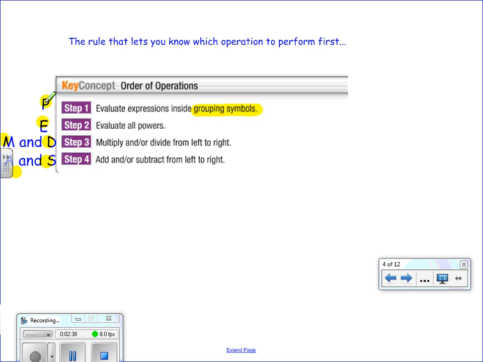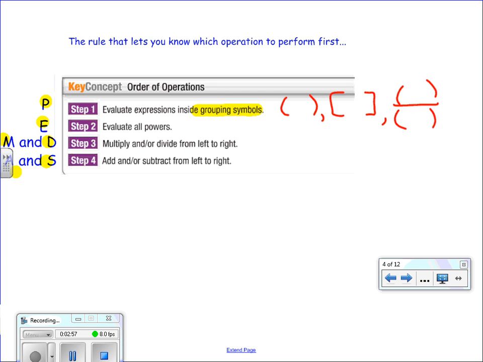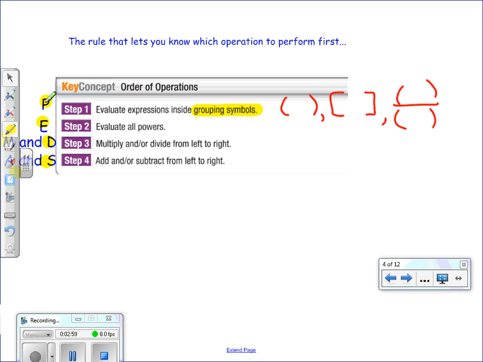They can be parentheses as we normally think of them, they can be a bracket, or they can be a fraction that has numbers on the top and the bottom. All of those are considered grouping symbols. Then the second thing we would do is evaluate our powers, which are your exponents.